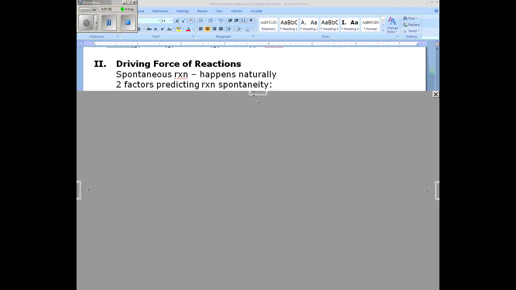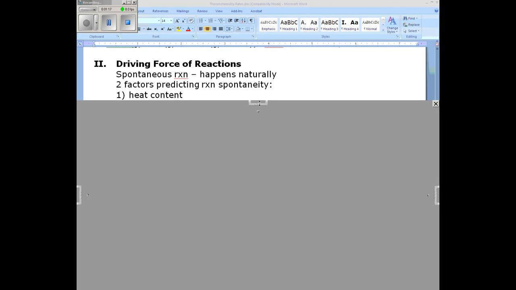Now, there are 2 factors that will predict reaction spontaneity, whether a reaction will just happen or not. One of them we've already discussed, and that is enthalpy, the heat content.